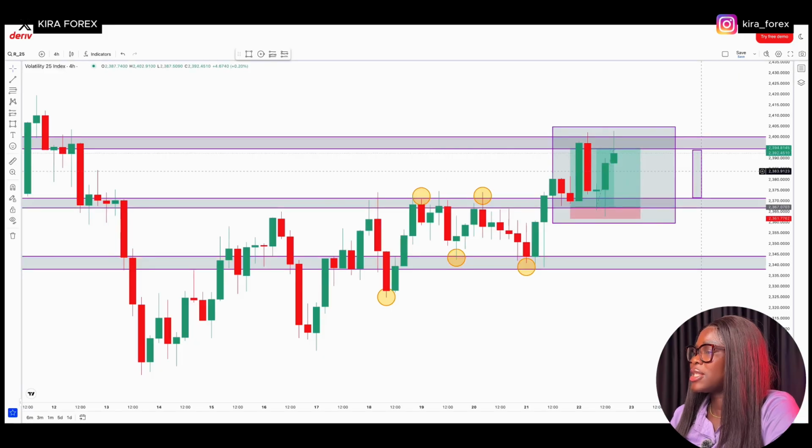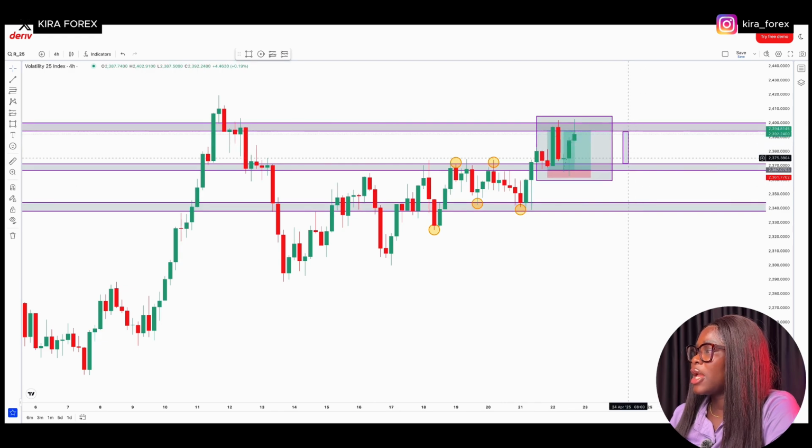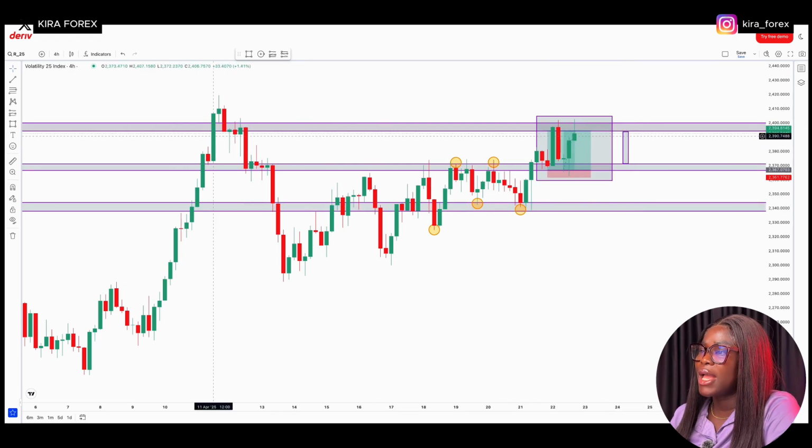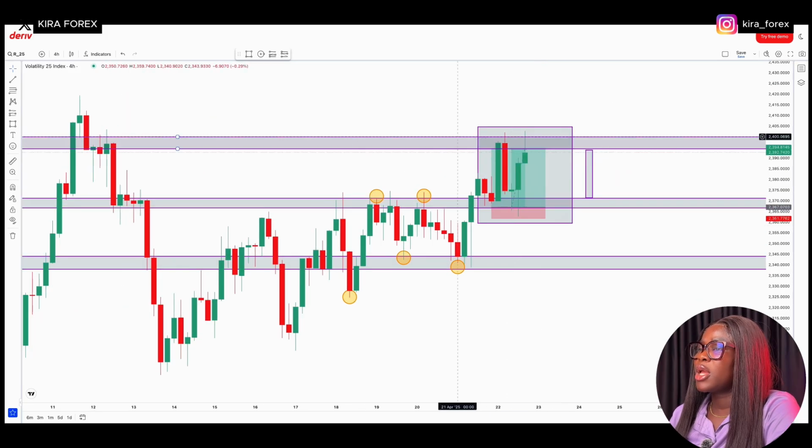After I got the same measurement, I drew another resistance zone. Now you can see that this resistance zone, which I measured here, is falling on a very nice support and resistance. If I want to take my profit, this is where I'll be taking my profit. The only thing that can happen is that, let's say, price will break out.